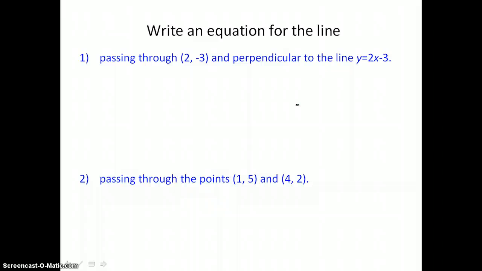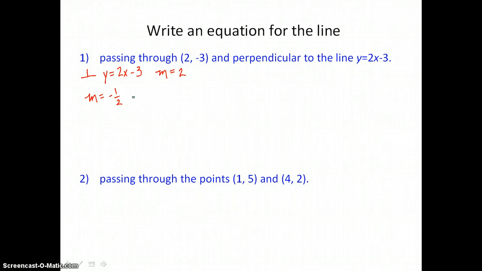Okay, in this example we want to write an equation for the line passing through 2, -3 and perpendicular to the line y equals 2x minus 3. So since we know that the line we're writing the equation of is perpendicular to this line, and we know that lines that are perpendicular have slopes that are opposite reciprocals, we can use the fact that the slope of this line is 2, and the slope of the line that we want to write the equation of is the opposite reciprocal of 2, or negative 1/2.